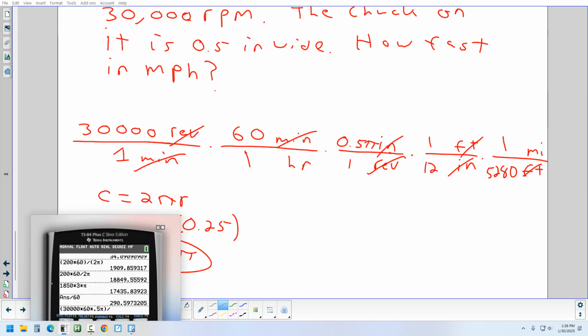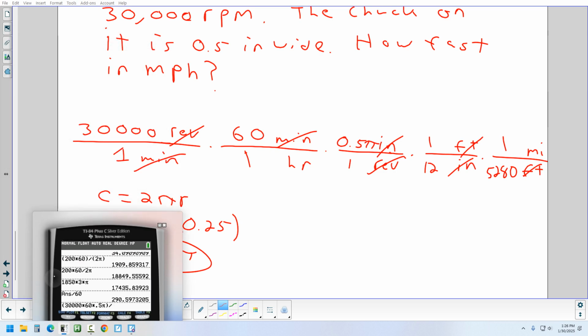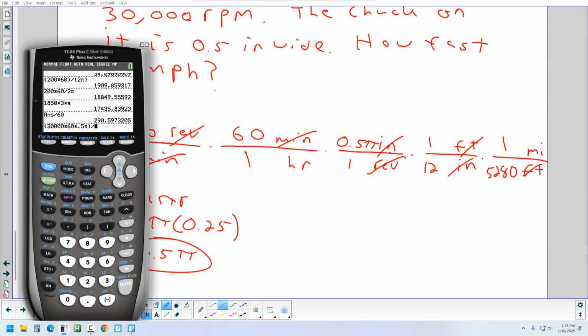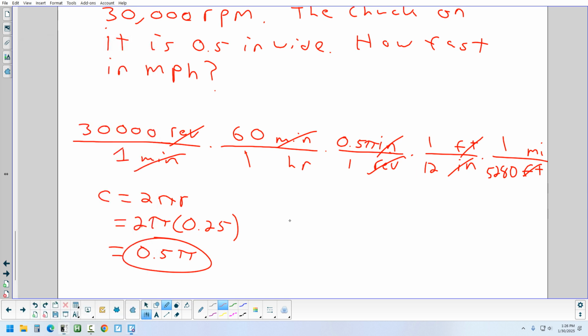And we're going to divide by 1, 1, 1, 12, and 5,280. 12 times 5,280. So that bit would be rolling at about almost 45 miles an hour. That's how fast it would be going. 44.62.